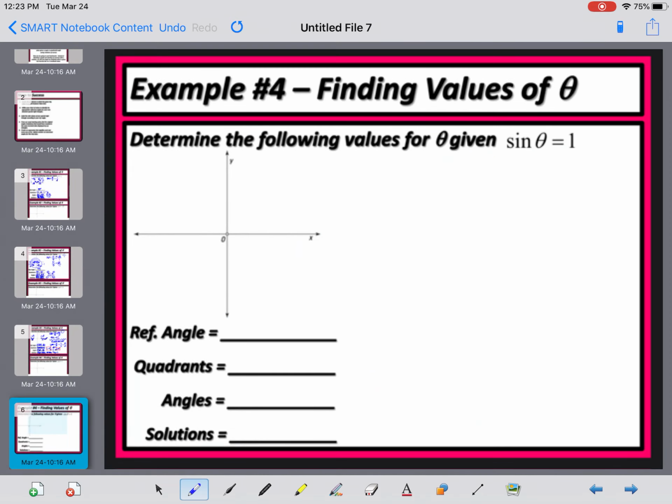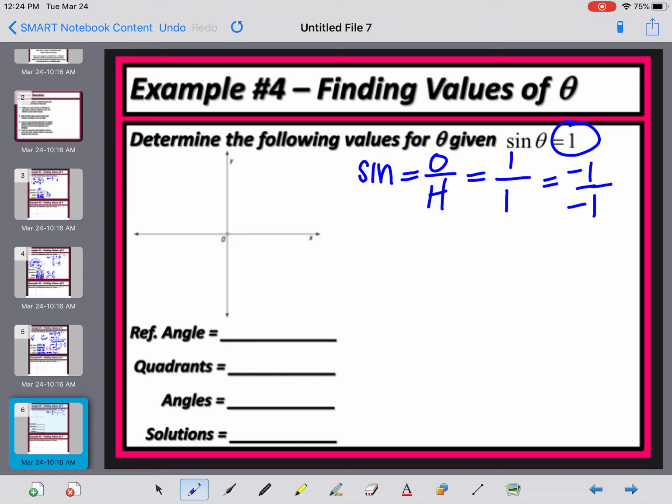Okay, let's try again. So sine, opposite over hypotenuse, and I want to turn this exact trig value into a ratio. So I could have 1 over 1. I could also try and have -1 over -1, but that doesn't actually make sense because I can't have a hypotenuse of negative.